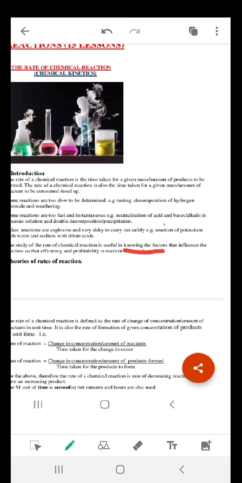We have seen this rusting in several situations, like the iron sheets. When these iron sheets are used to build a house and maybe they are not painted, you can see after some years the color of the iron sheet changes. It changes from gray to some brown color. The brown color is the coating of rust. So we say this iron sheet has rusted.